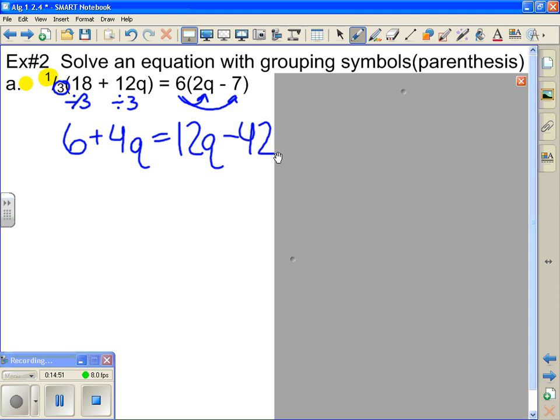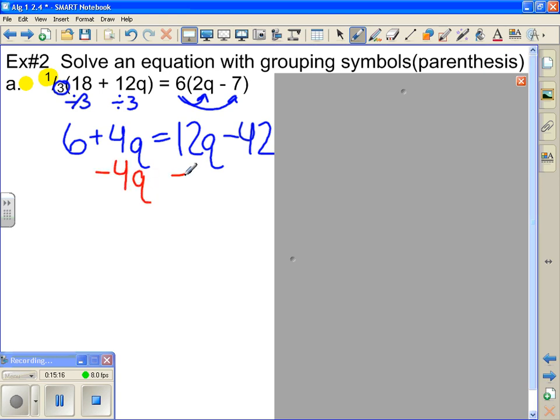Step 2, look for like terms. Do you see any? No. And step 3, look for like terms on the other side. Anything? No again. So we're going to go straight to step 4, eliminating the smaller variable. The smaller variable is, you guessed it, 4q.